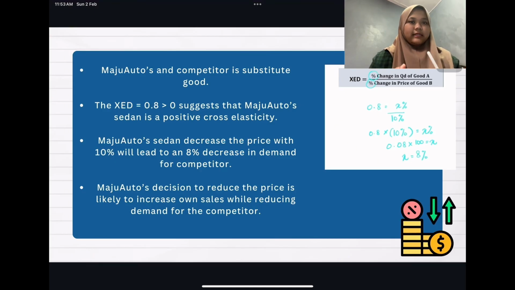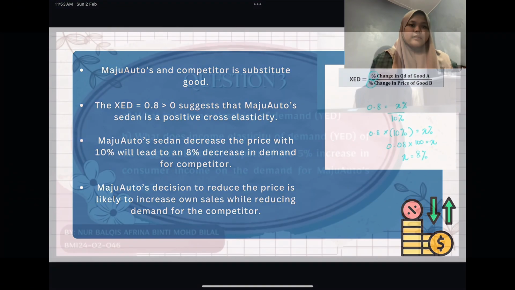So X is 8%. If the Maju Auto sedan decreases the price by 10%, it will lead to an 8% decrease in demand for competitors. Maju Auto's decision to reduce the price is likely to increase the sales while reducing demand for the competitors.